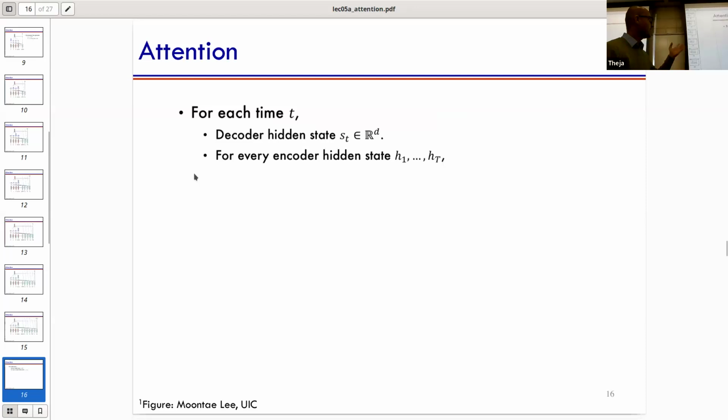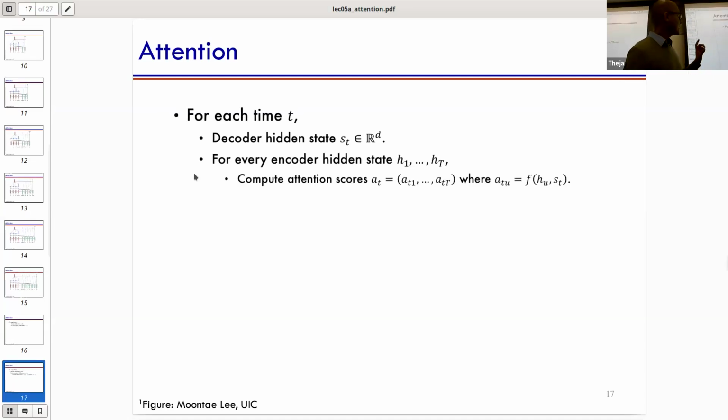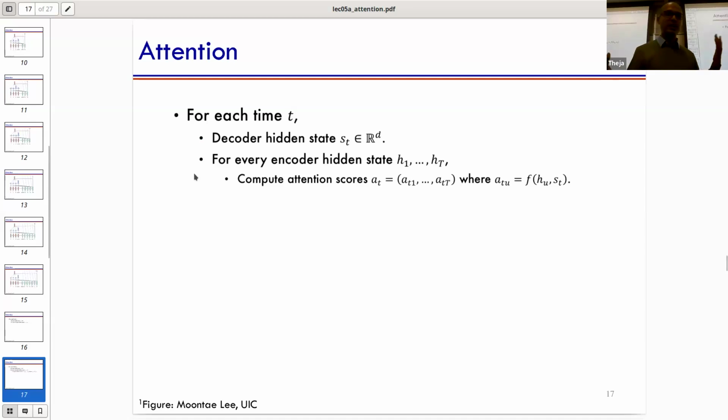It's the same idea written as a for loop. For every time step of decoding, you compute the decoder hidden state. For every encoder hidden state that's present, so T length 4 in the previous example, compute the attention scores, using a function that is the only thing I have not disambiguated yet. I just said you can use a dot product, but there are a couple of other choices that we'll see in the next slide.